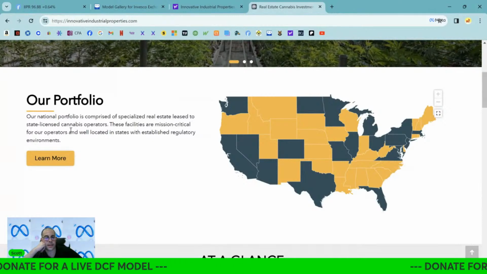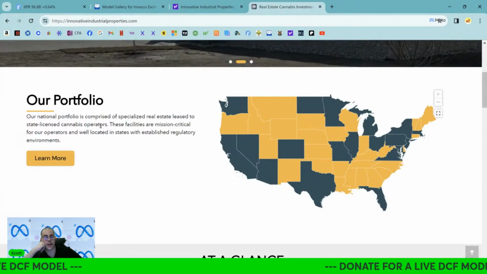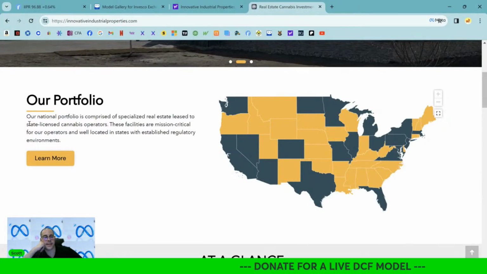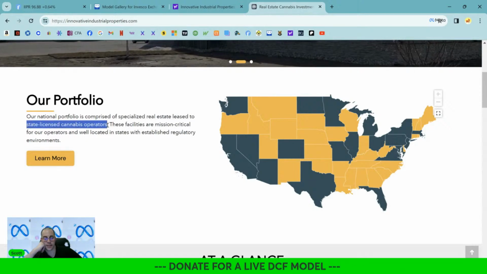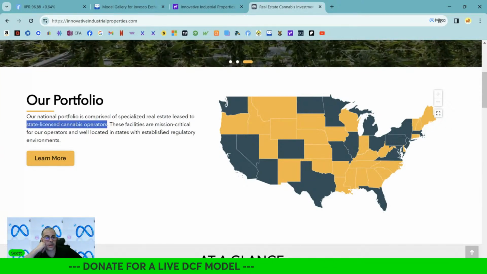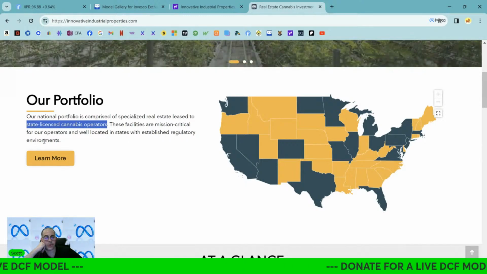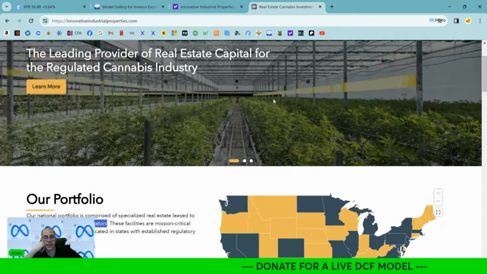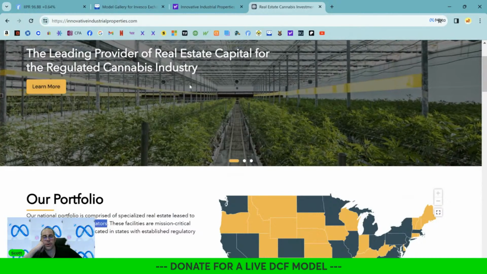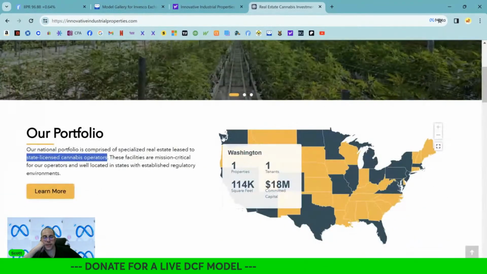Specialized real estate leased to state licensed cannabis operators. State licensed. You can't be federally licensed. It's only state licensed. These are mission critical for operators in well located states with established regulatory environments. So if you're looking to grow cannabis, this is a good company to lease space from.